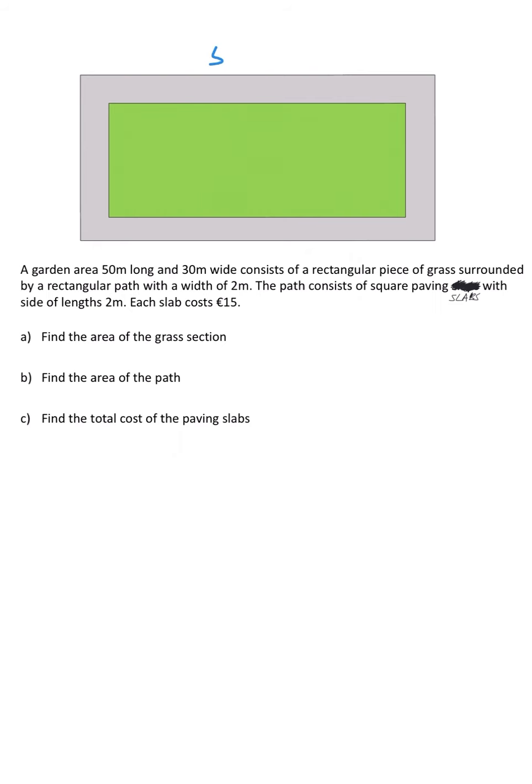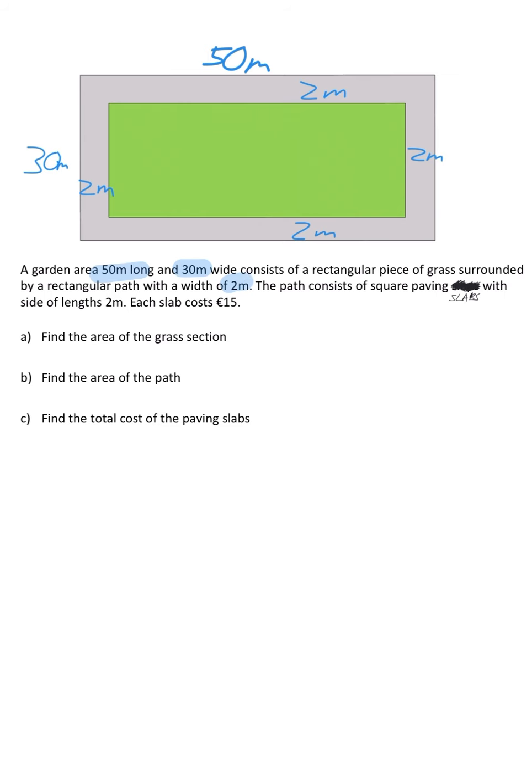So we have 50 meters for the length, 30 meters for the width, and then we're told as well that the width of the path is 2 meters. So we have 2 meters here, 2 meters here, 2 meters here, and 2 meters here. So that's the first bit of information covered.